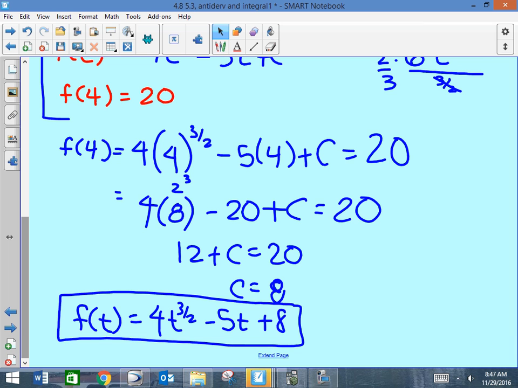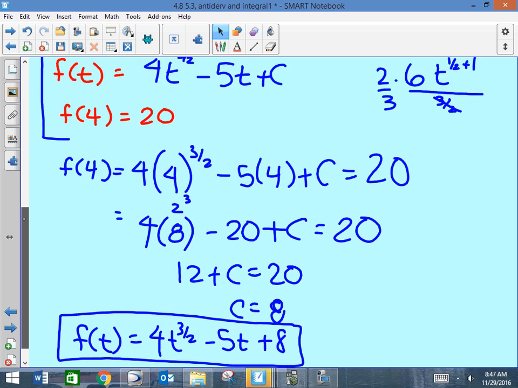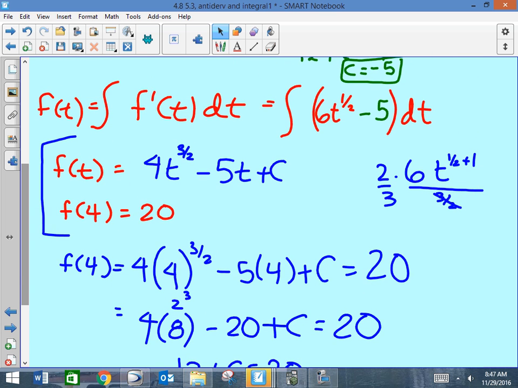Again, if you want to double check here, we pull that around, we get 6 t to the 1/2 minus 5, which was f prime.